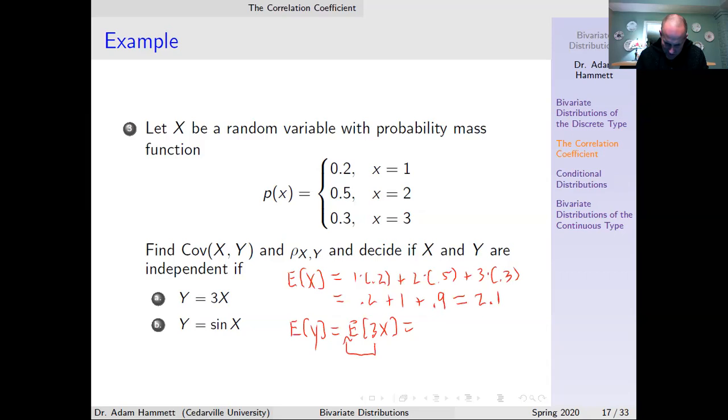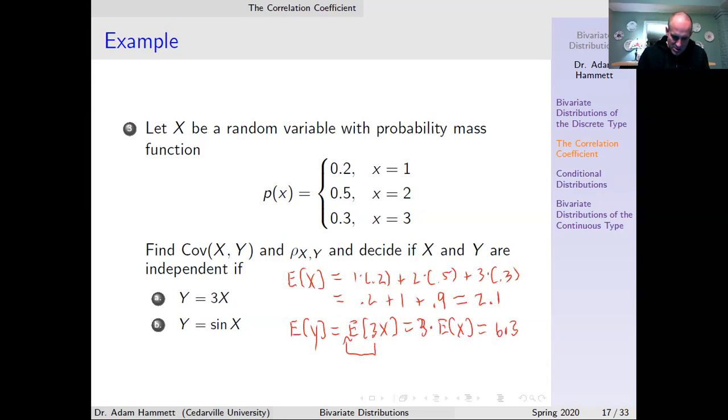So 3 times the expected value of X, and we end up getting 6.3. That thing looks like a multiplication symbol, but that's a decimal point.